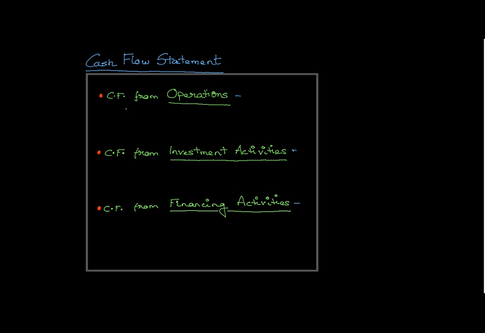So cash flow from operations basically deals with whatever cash is coming in and going out for the running of the basic business of the company. Okay. Cash flow from investment activity means what the company is investing in and what returns it is getting and what returns it is paying. So basically it deals with what the company is doing on the investment side.